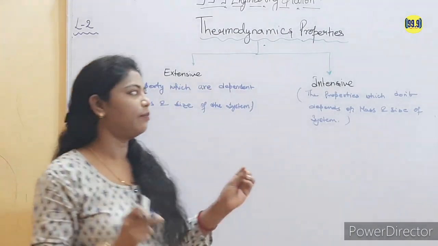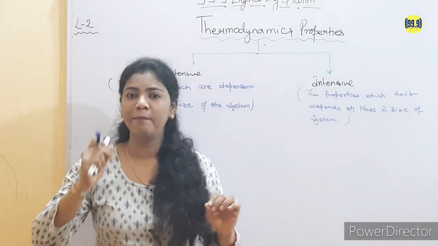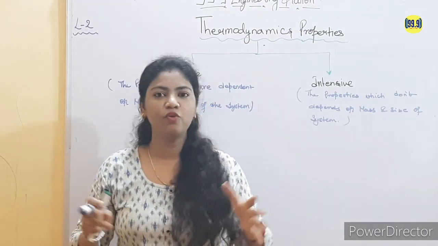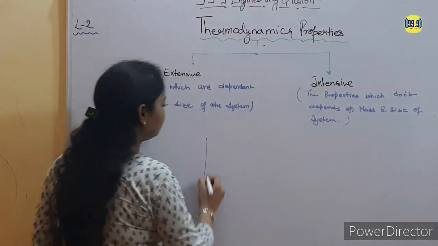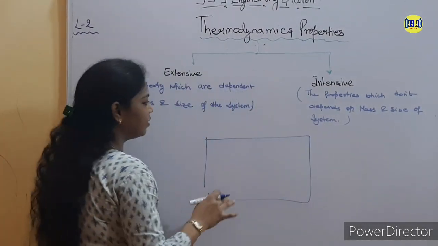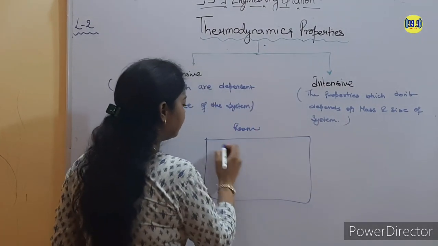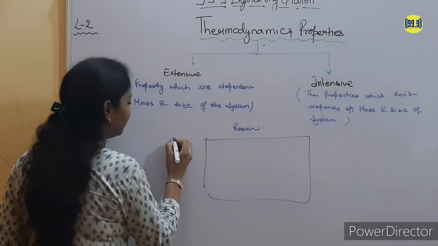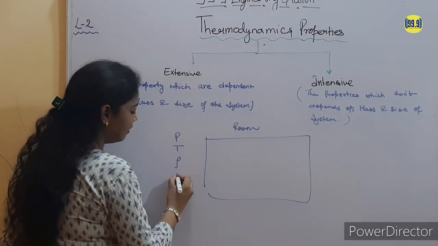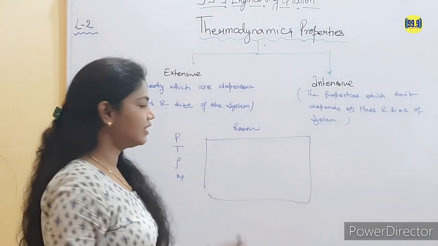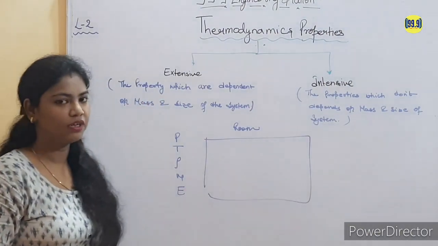So let's discuss some examples. Before that, for understanding the example better, consider this room as a system. If we consider this room as a system, it has some parameters like pressure, a particular amount of pressure, temperature, density, molecular weight, mass, and some type of energy.